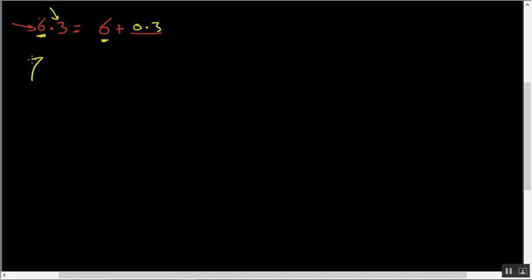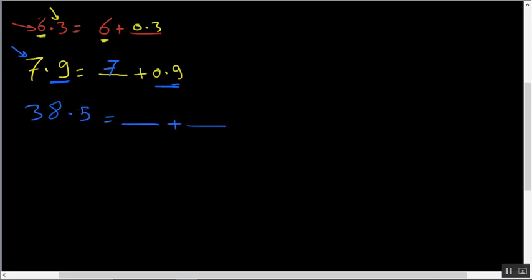Here he said 7.9 equals space plus 0.9. The whole here is 7, so we write only 7. So here 7.9 equals 7 plus 0.9. If he said 38.5 equals space plus space, what will we do in this situation?